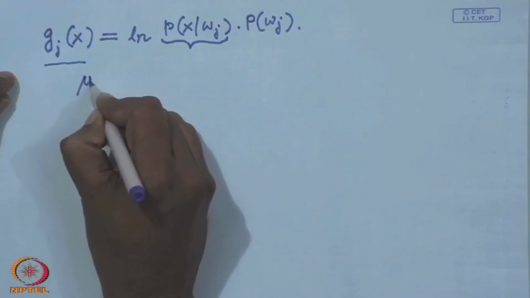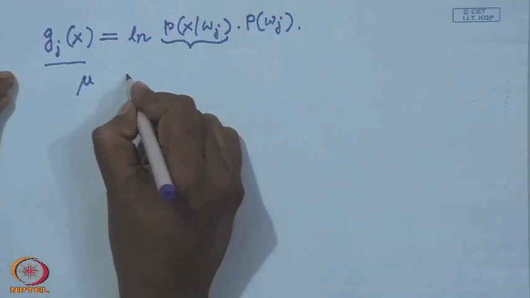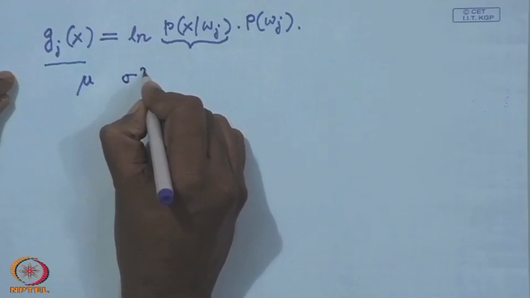When we have a Gaussian distribution, you know that the probability density curve is entirely defined by two parameters: one is the mean mu, and the other is the variance, sigma square.